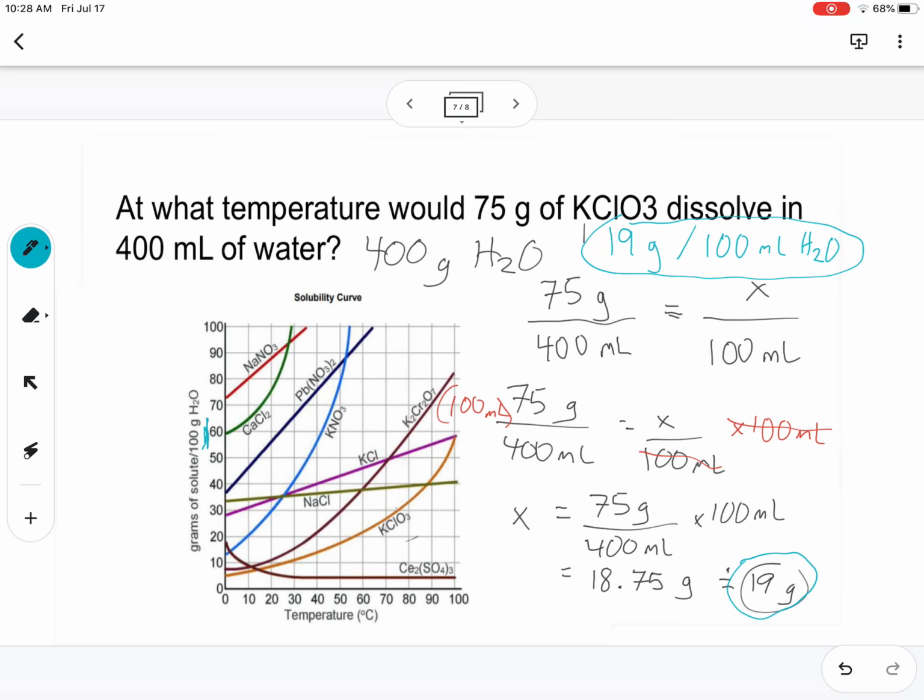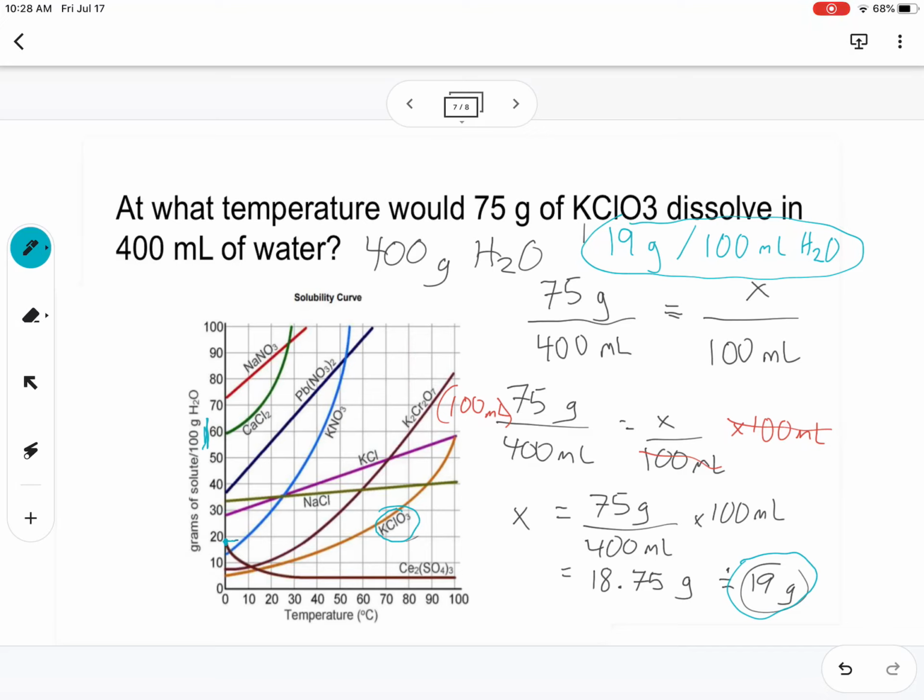So I'm looking to my graph, and I'm going to look for where my solubility value is about 19. So right underneath the 20 there, 19 grams per 100 milliliters of water. And then we're looking for potassium chlorate, which is over here. So it's this kind of brown-orange function.